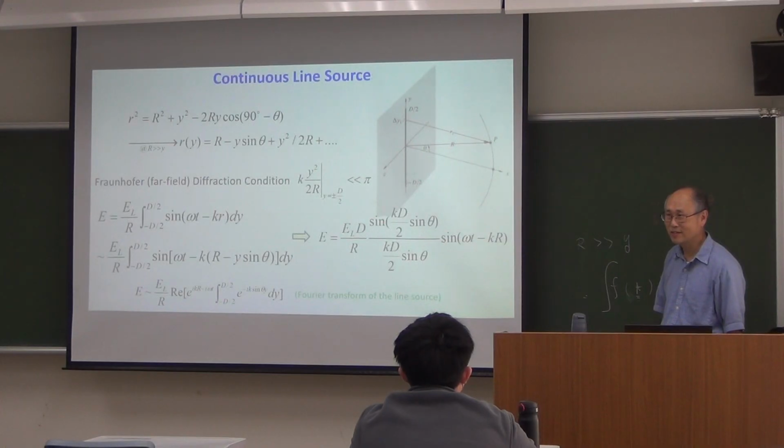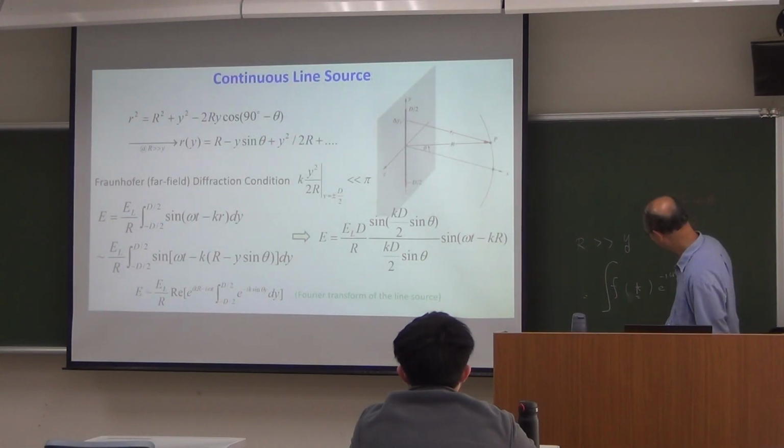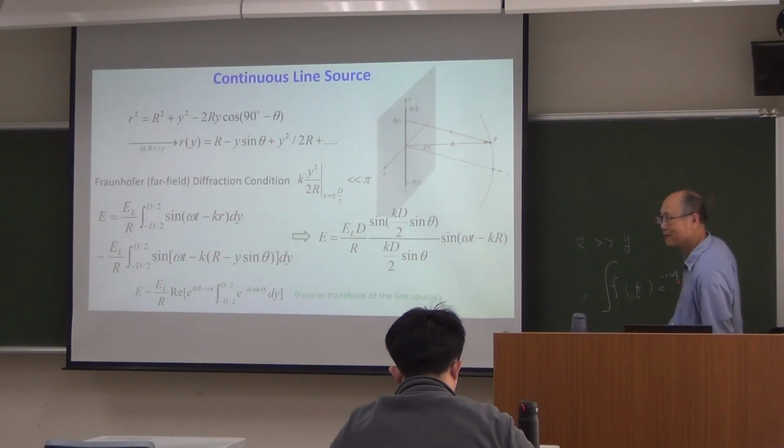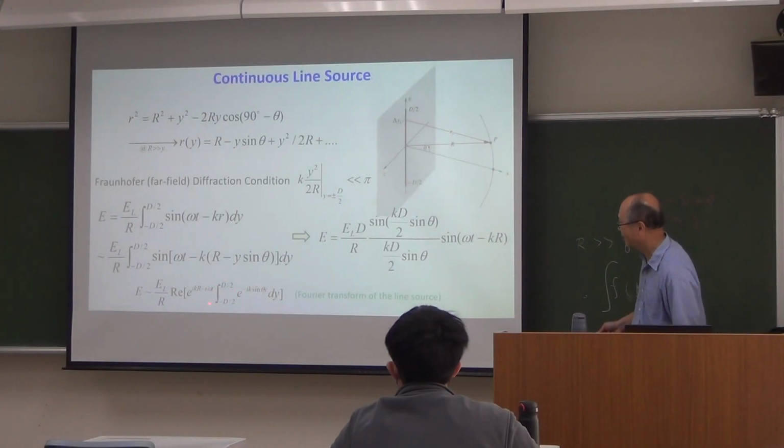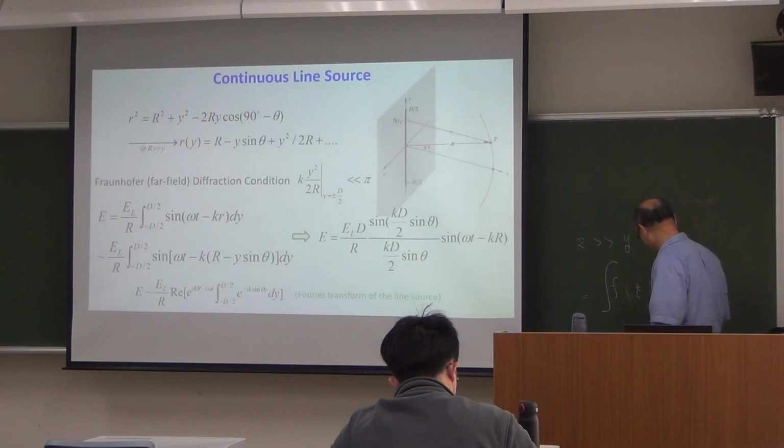You should recognize it. This is the Fourier transform, do you agree? You integrate over time. Let's change the variable from t to y, and omega to k sine theta. And integrate from minus infinity to infinity, you have the aperture function.